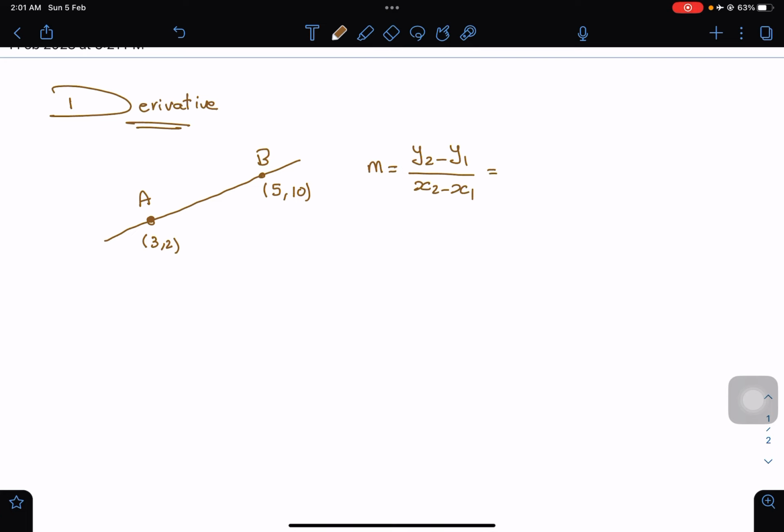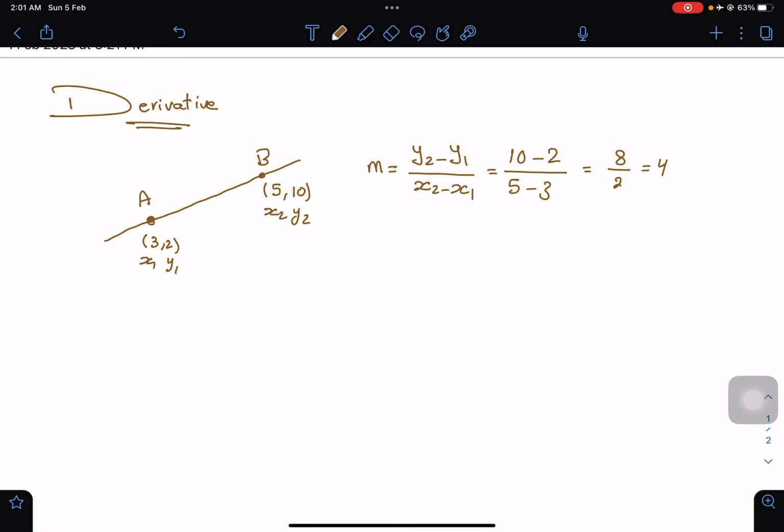The first point is named x1 and y1, the second point is x2 and y2. Just substitute: 10 minus 2 over 5 minus 3, and you get the answer. 10 minus 2 is 8 over 5 minus 3 is 2, and the answer here is 4.